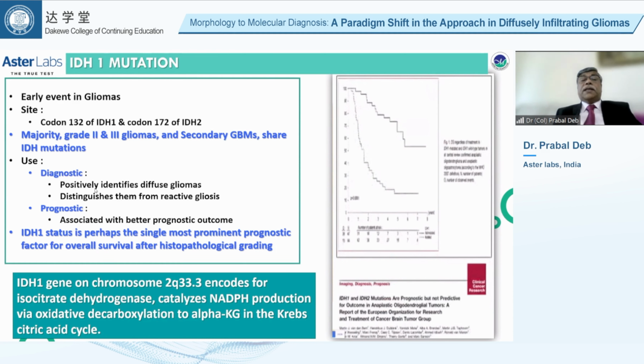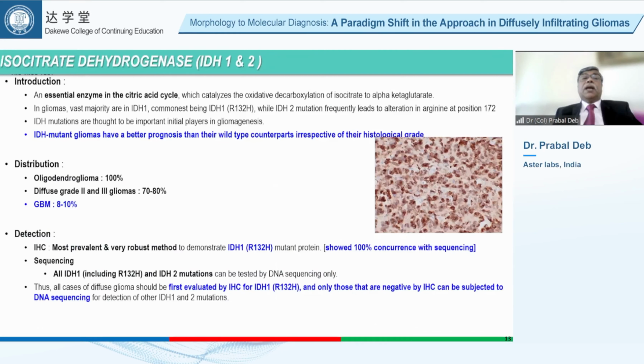It has a use in diagnostic and prognostic role, and possibly the single most prominent prognostic factor for overall survival after histopathological grading. We know that IDH mutant gliomas have a better prognosis than the wild type. That is the cornerstone of today's lecture. That is, IDH mutant gliomas have better outcome as compared to IDH wild type gliomas.